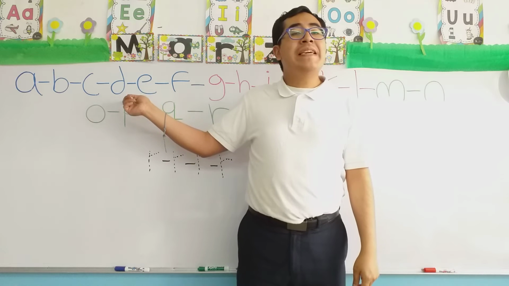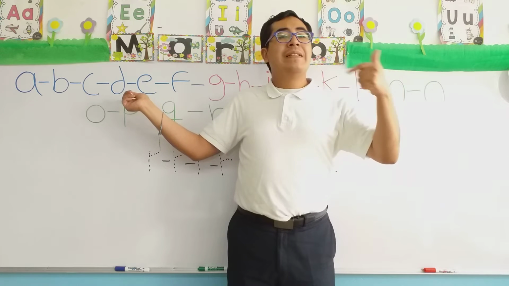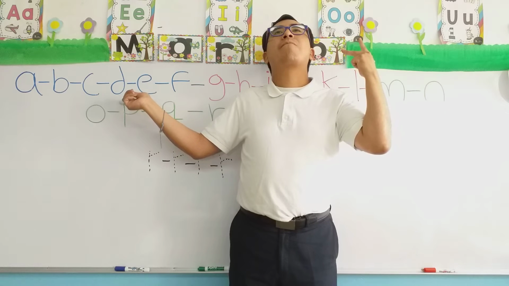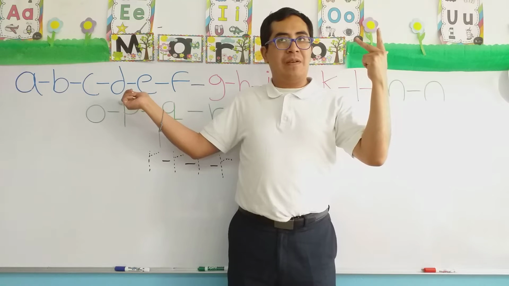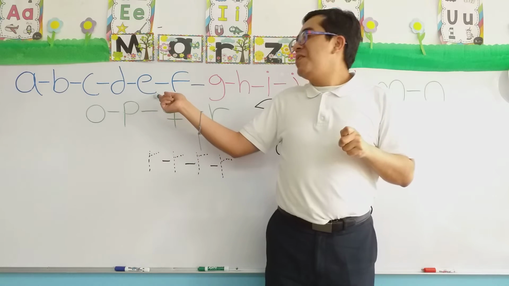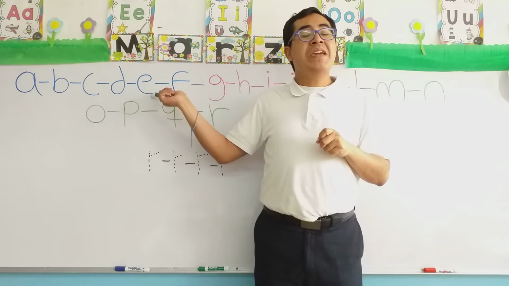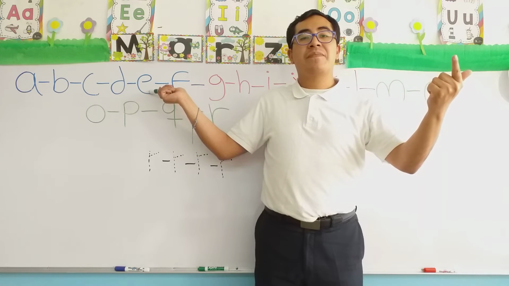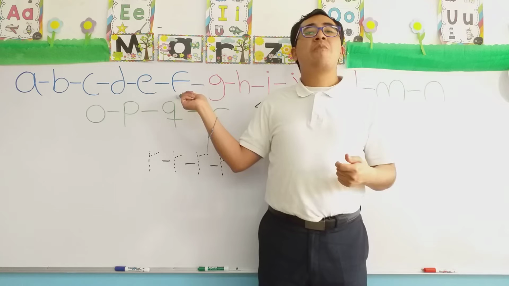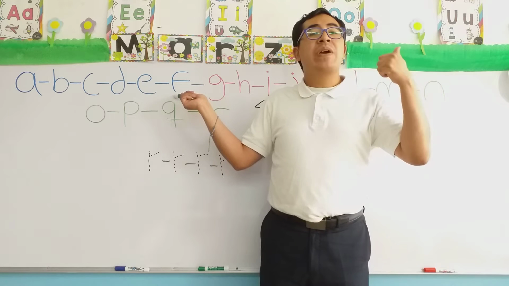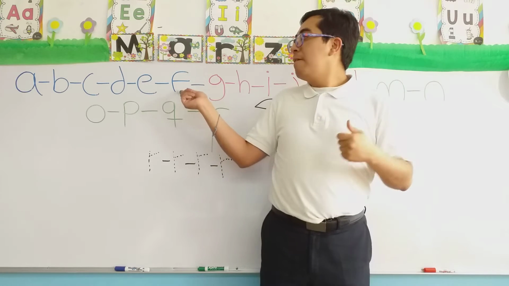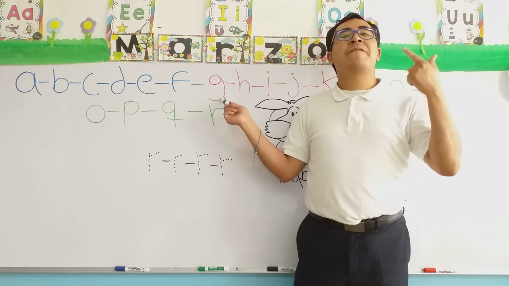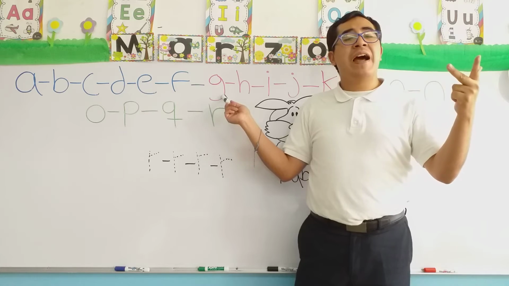For small d, we have Diego, Denise, Daphne. Okay, using those three names. With the letter small e, we have Enrique, we have Elias. For small f, we have Fernando, we have Frida. For small g, we have Geraldine, we have Guillermo, we have Gerardo.